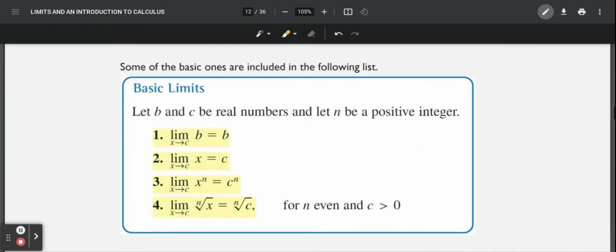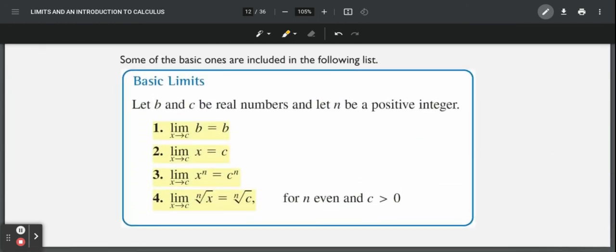So here, some basic limits: if you have the limit as x approaches c of b, where b is just a constant, so a horizontal line, the limit will always be whatever the value of that horizontal line is. If you have the line y equals x, then whatever x is approaching will also be the value of that limit.